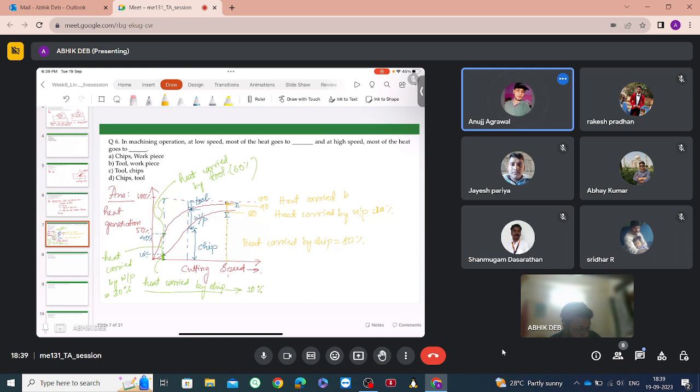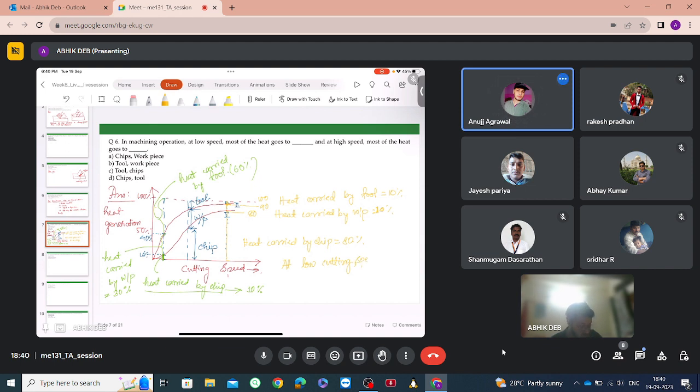Yes, sir. So now tell me, at low cutting speed, which one will carry the maximum heat? The green one is the low cutting speed region, right? So which one carries the maximum heat? Sir, at low speed, the maximum heat goes to the tool.